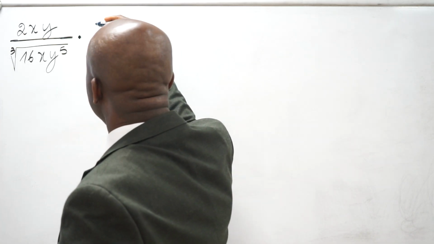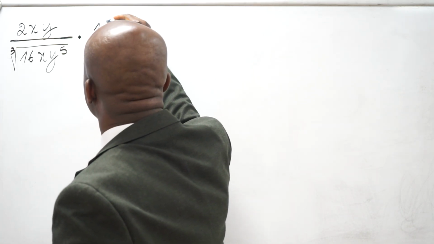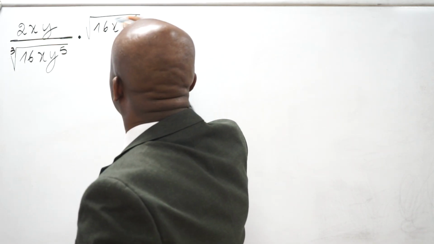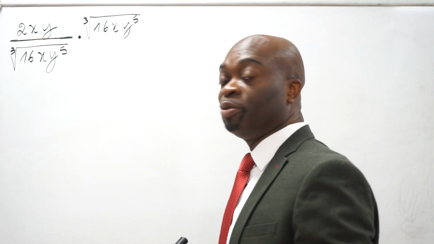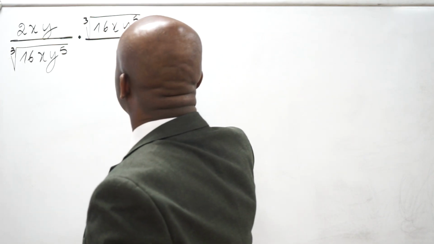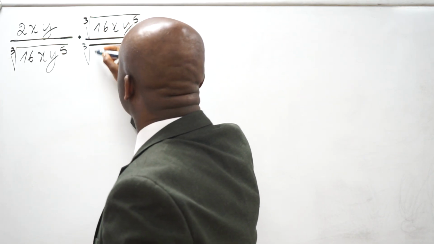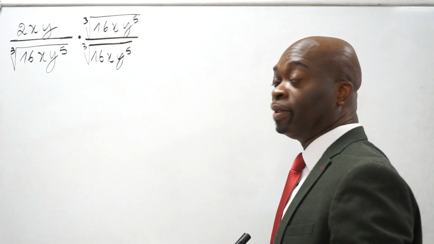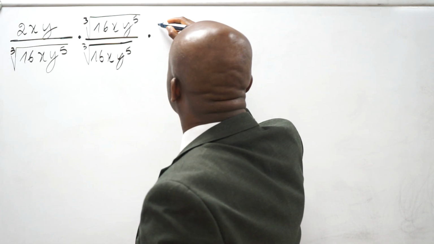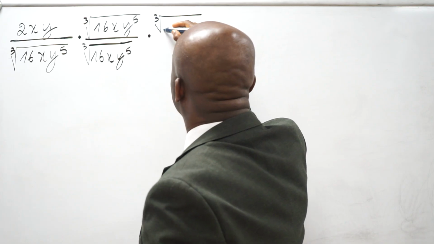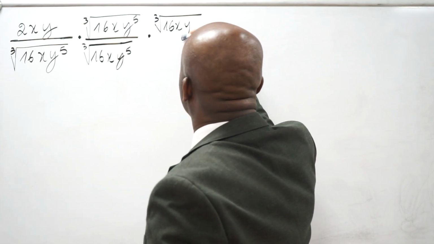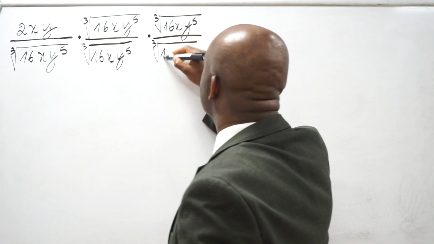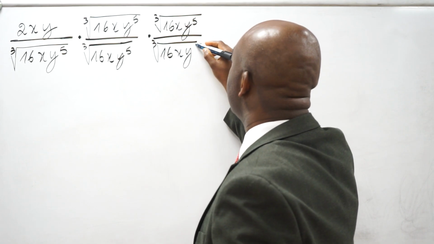So that means we're going to have the cube root of 16xy to the 5th over the same thing, 16xy to the 5th, then times again the cube root of 16xy to the 5th over, again, the cube root of 16xy to the 5th.